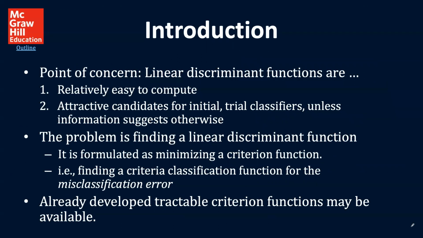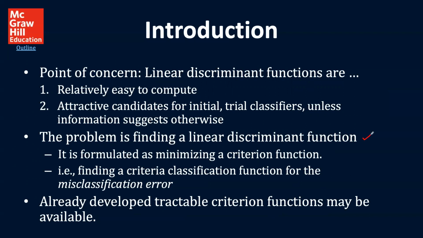So the point of concern is the linear discriminant functions. They are relatively easy to compute and are attractive candidates for initial trial classifiers unless the information suggests otherwise. The problem is finding a linear discriminant function.